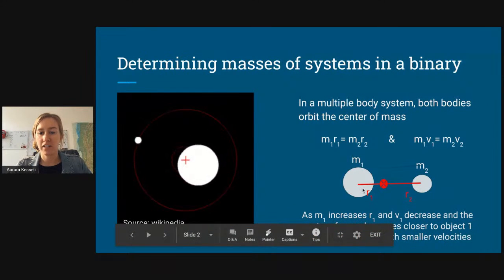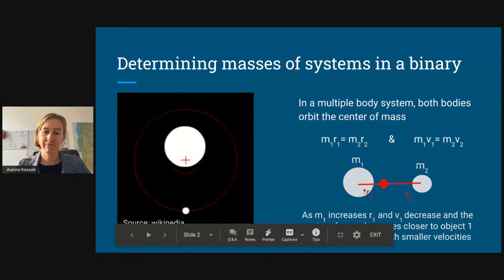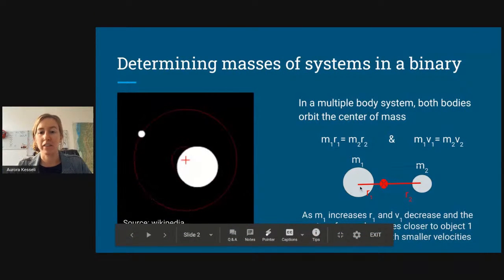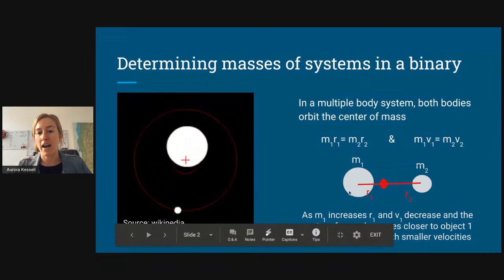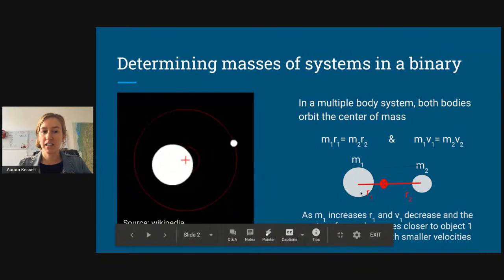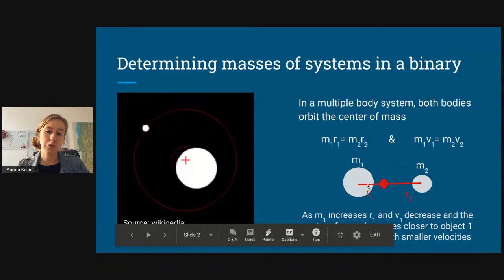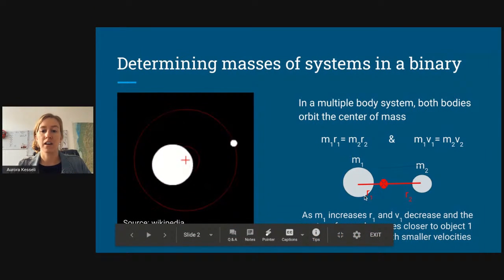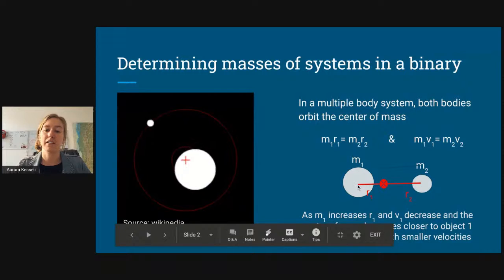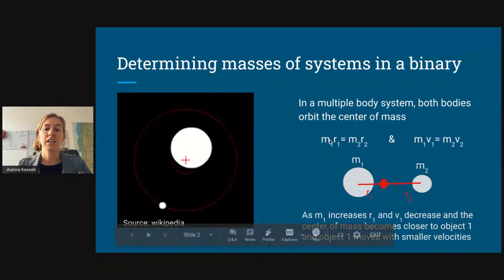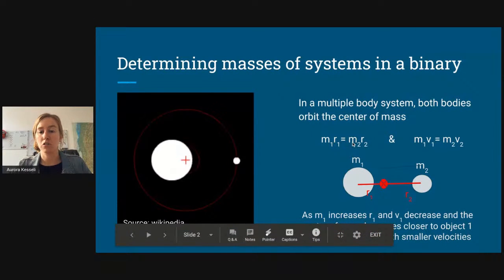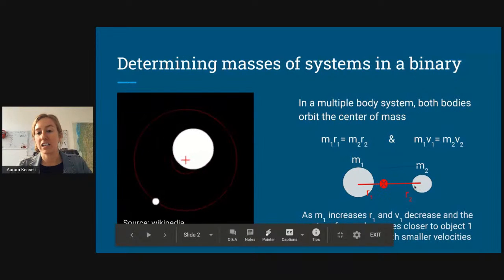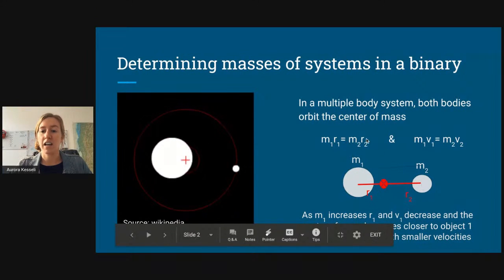So here's an animation, or just a diagram, that's showing that. If you have one mass that's bigger than the other mass, the center of mass is going to be closer to that bigger object. So the distance between the center of mass and the center of the first object times its mass is equal to the distance from the center of mass to the second object times that mass.